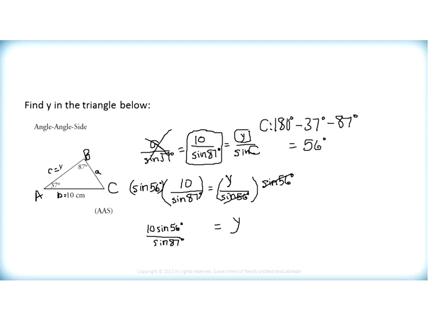I'm going to clear this out. Now I'm going to calculate this equation. And remember, the calculator has to be in degrees. So I multiply 10 times. For me, I have to type in the angle, then hit sine. 56 sine divided by 87 sine.